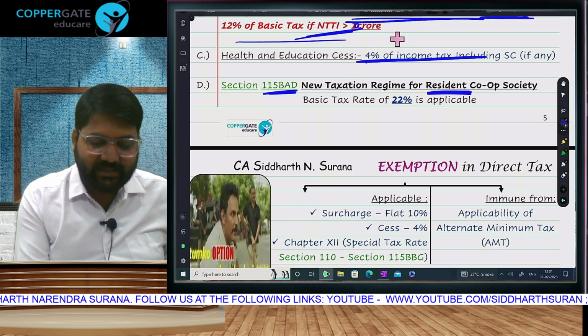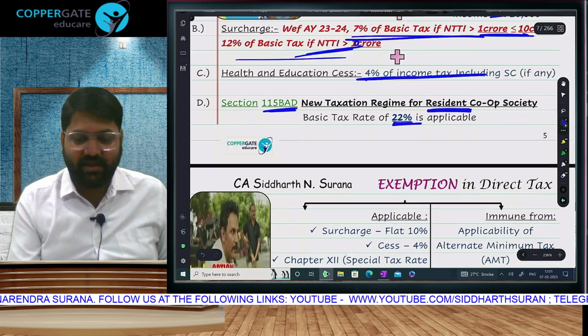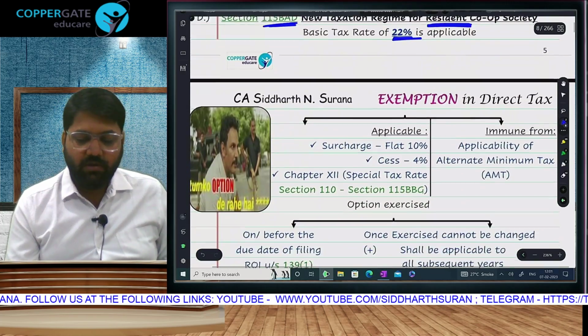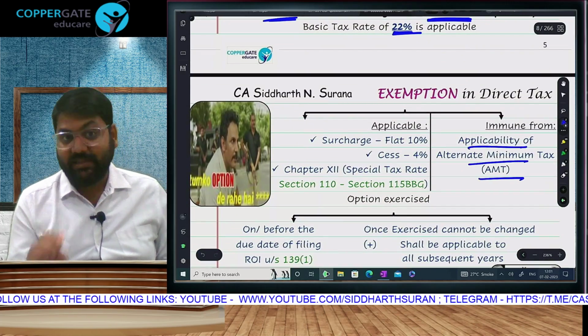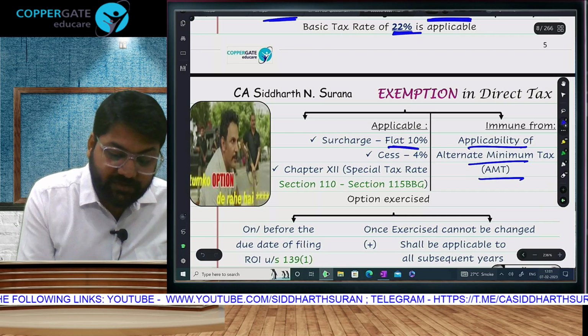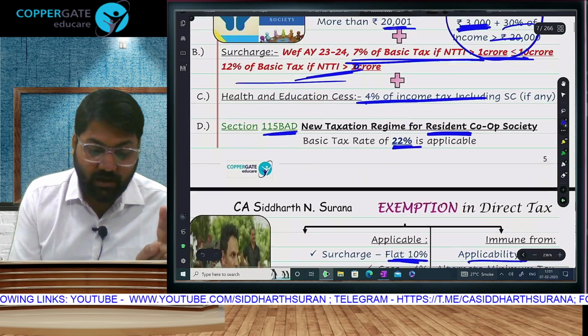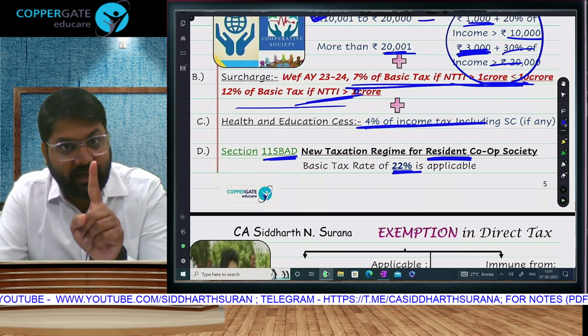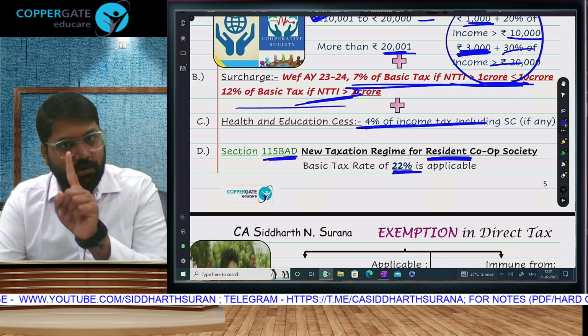So basic tax rate of 22% flat. So here there are slabs in the old regime, but here it will be flat 22%. Immune from applicability: this is the hidden advantage, that AMT will not be applicable. Surcharge will come flat 10%. See, there is one more difference. Here surcharge depends on income. Up to 1 crore no surcharge. Amendment hai, so focus. Up to 1 crore no surcharge.